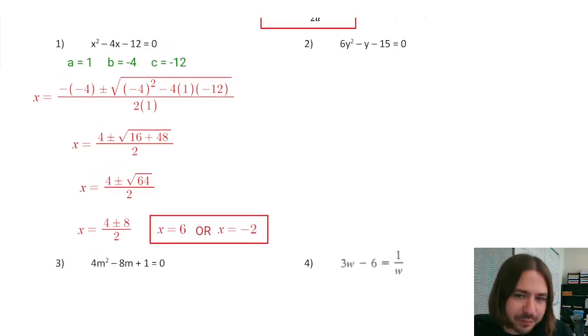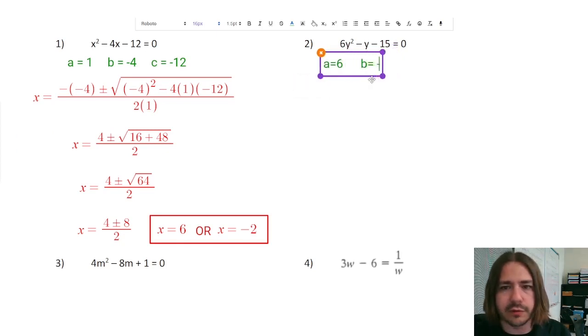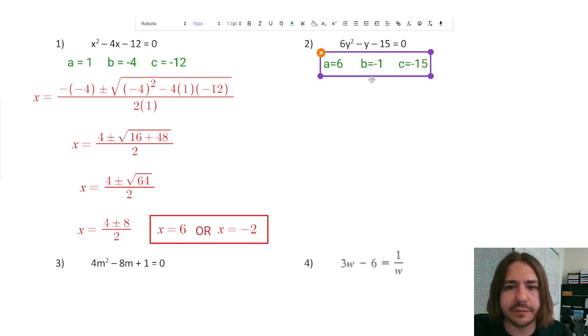All right, number 2. So we want to first identify our A, B, and C, and kind of go from there. So I think what I'll do here is I'll just start over. My A is 6. My B is -1. And my C is -15. Just picking out these numbers here, 6, -1, -15.